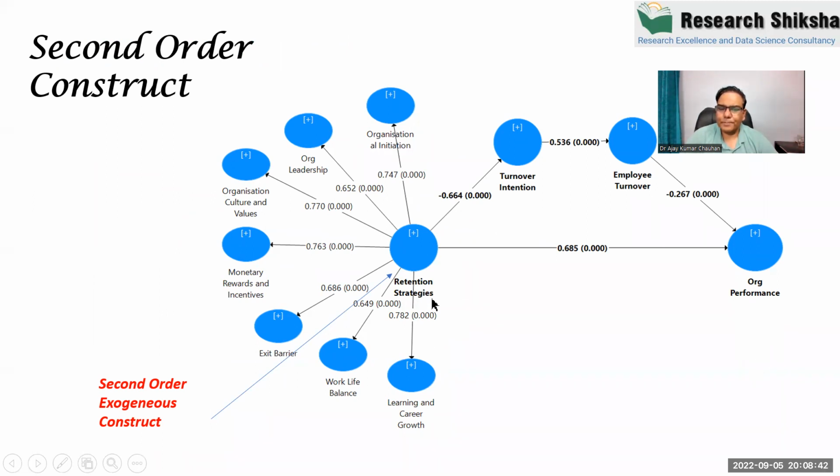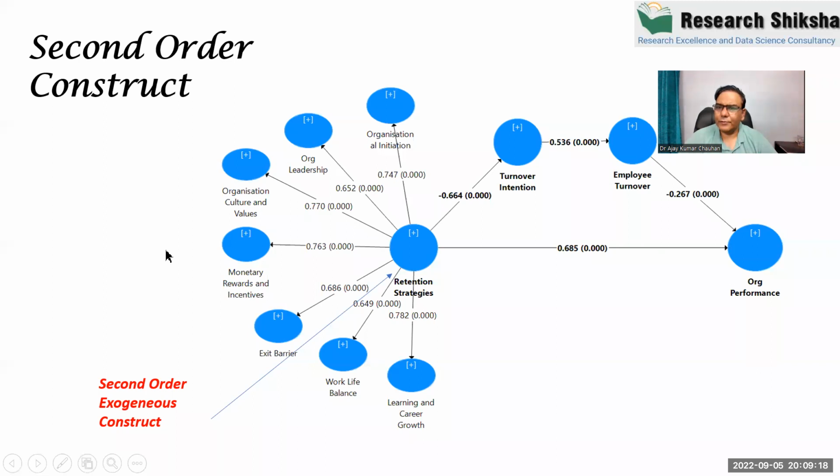For example, in this case, retention strategy is measured by 7 constructs. Similarly, service quality is measured by 5 constructs like empathy, responsiveness, reliability, and tangibility. In that case, the construct is known as a second order construct. Emotional intelligence is measured by social intelligence and personal intelligence. Employee branding is also a second order construct. Personality trait is also a second order construct.